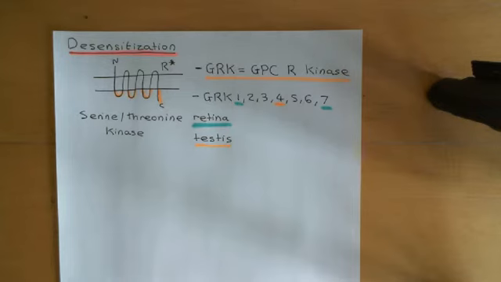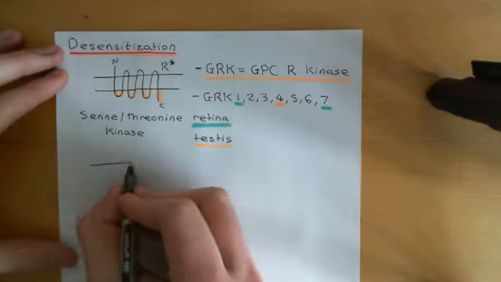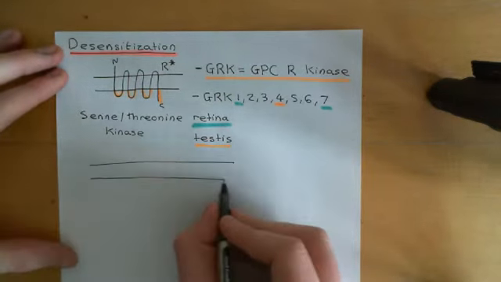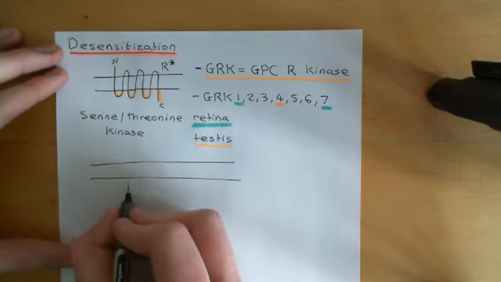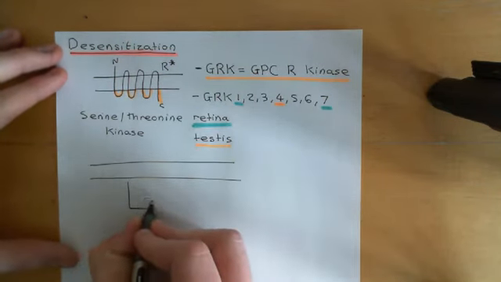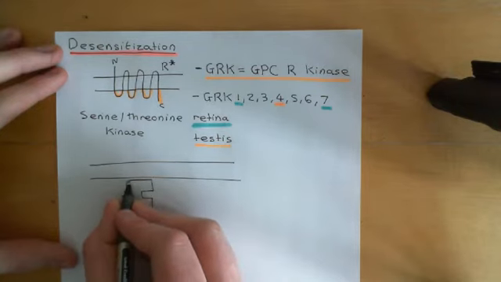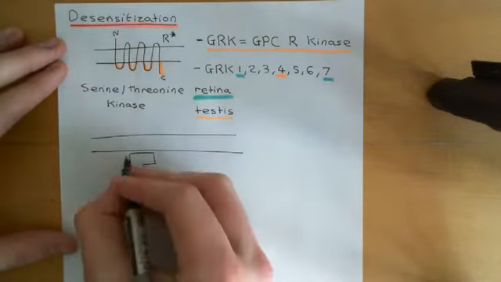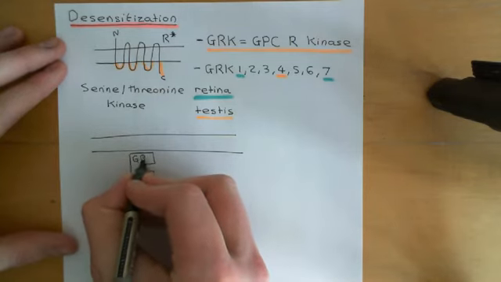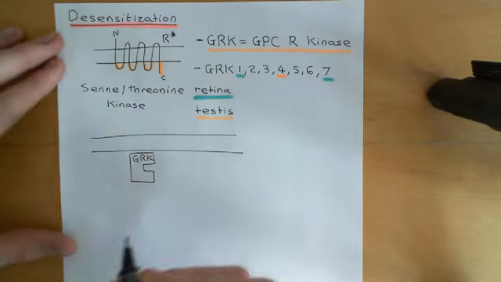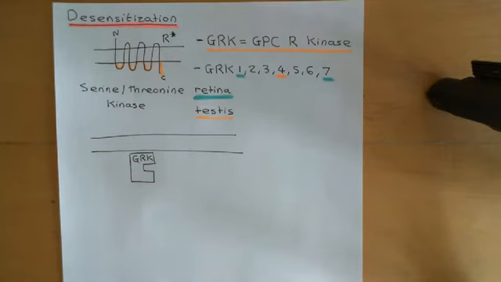Okay, right, so let's just draw a little picture of one of these GRKs. So here is the plasma membrane, okay, and basically the G protein coupled receptor kinases are attached to the cytoplasmic face of the plasma membrane like so. So here is our G protein coupled receptor kinase, our GRK here. Now how is it attached to the cytoplasmic face of the plasma membrane?